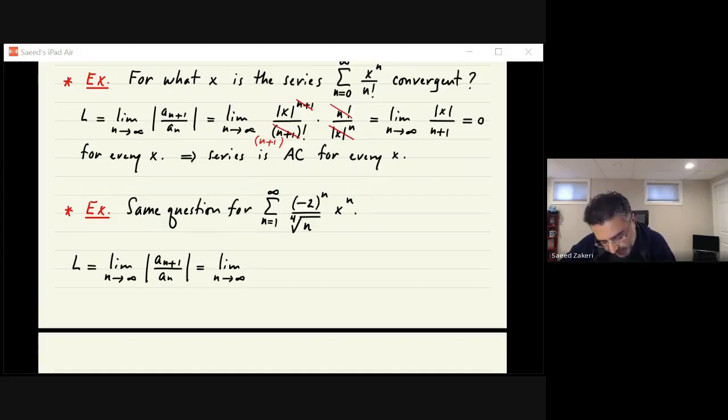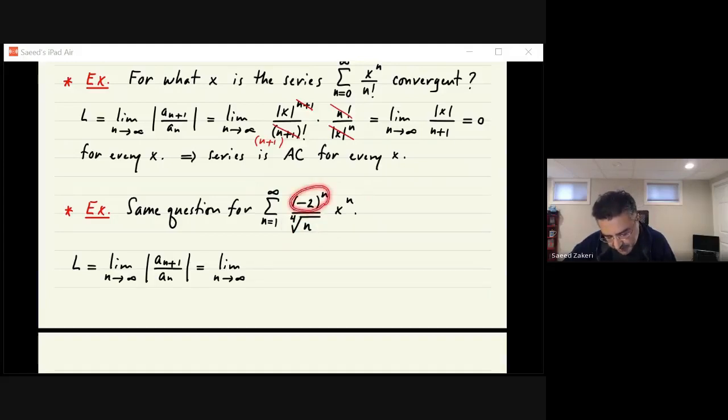Remember, this is my a n. I have to take its absolute value and put it in this formula. When I take absolute value of this expression, it's absolute value of this, absolute value of this, and absolute value of this, because absolute value of a product is product of absolute values. Absolute value of this part is the same as absolute value of x to the n. The bottom doesn't need absolute value because it's already something positive.